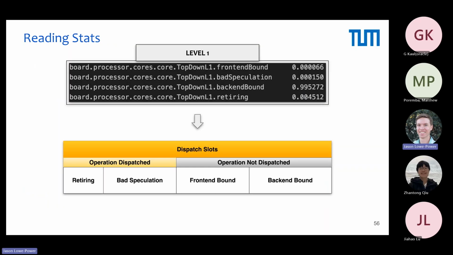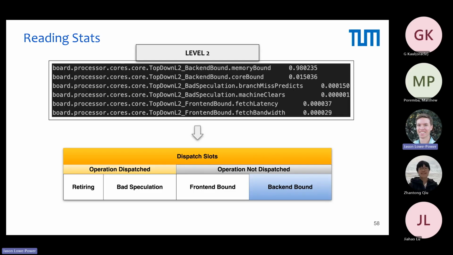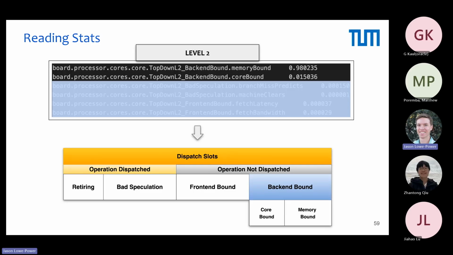So let's do a quick example on how to read the statistics. For this one, the highest fraction was the backend bound. So we first select the backend bound category, since it's at 0.99 and the others are way lower than that. So we move on to level 2. Since it was marked as backend bound in level 1, we prune the other branches of these categories and only expand the branch of backend bound.